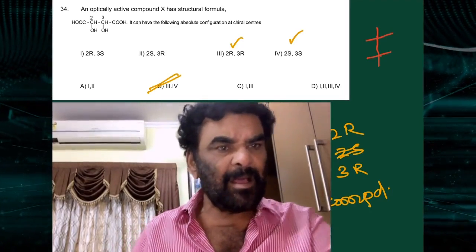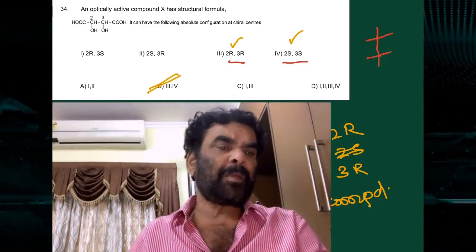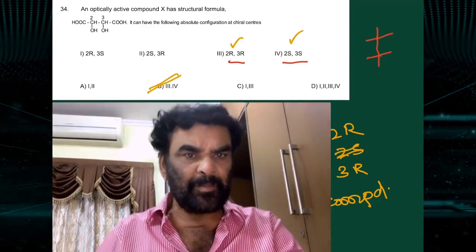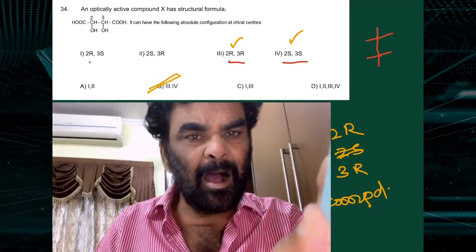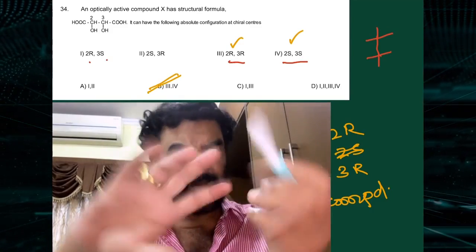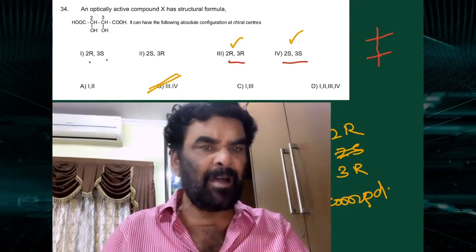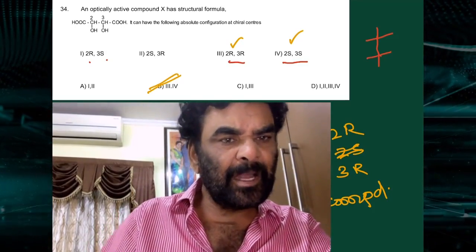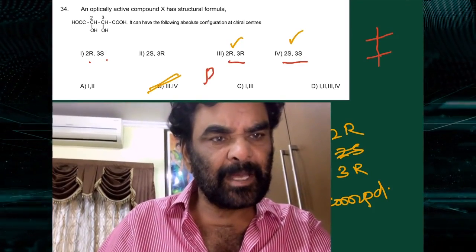RR and SS are possible. RR is one optical isomer, SS is another optical isomer. This is the enantiomeric pair. SR is the meso form. The effect of R is nullified by the opposite configuration S, therefore internal compensation takes place. The S effect is nullified by the R center. Therefore 3 and 4 are correct options. So B is correct for this.